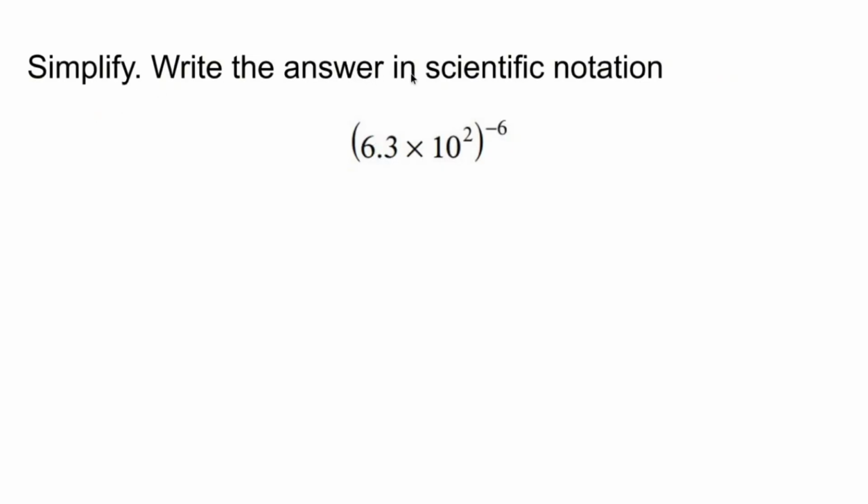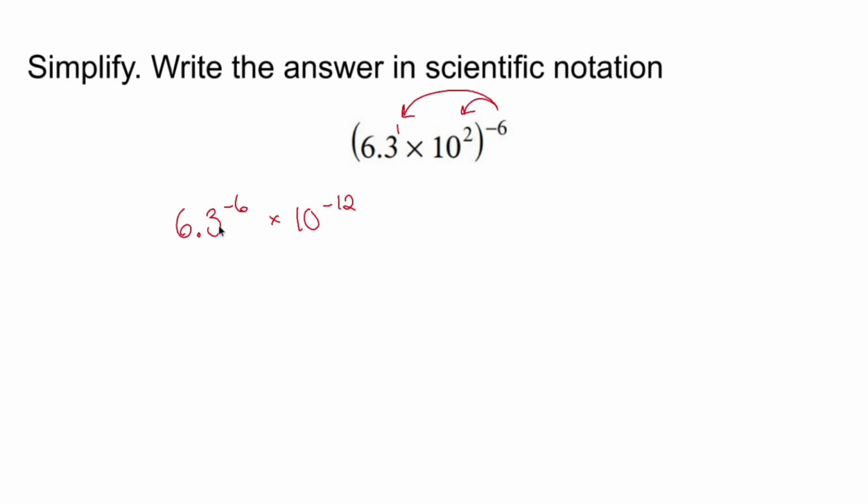Simplify and write the answer in scientific notation. I have that parentheses right there taken all to the negative 6 power. So 6.3 to the invisible 1 times 10 squared to the negative 6 power, all of which. Take that negative 6 and distribute it to both. So now you get 6.3 to the negative 6 power times 10 to the negative 12th power.